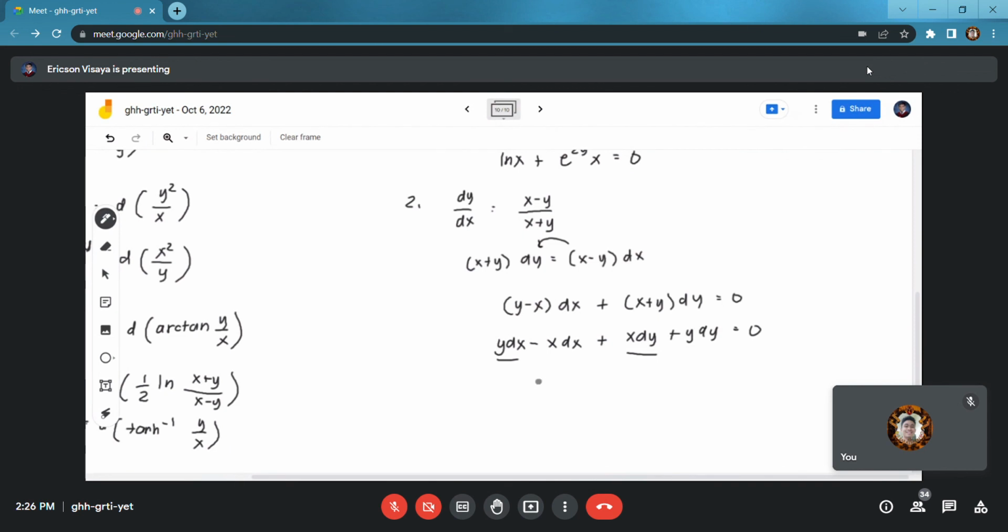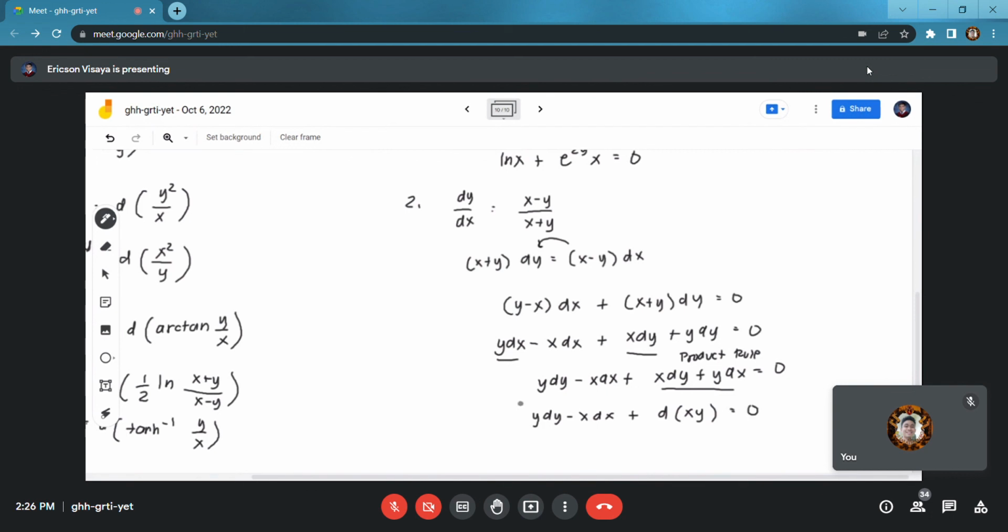So, ayusin muna natin, y dy minus x dx plus ang ating x dy plus y dx is equal to 0. So, ito ay product rule. So, y dy minus x dx, yan ay derivative lang ng xy.